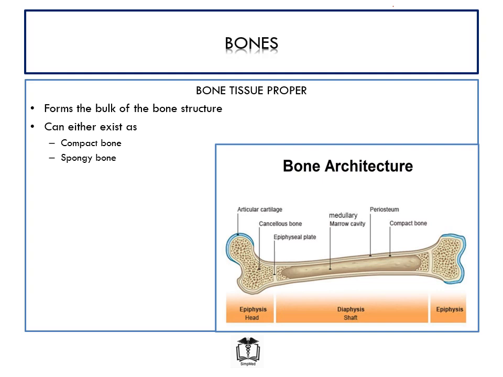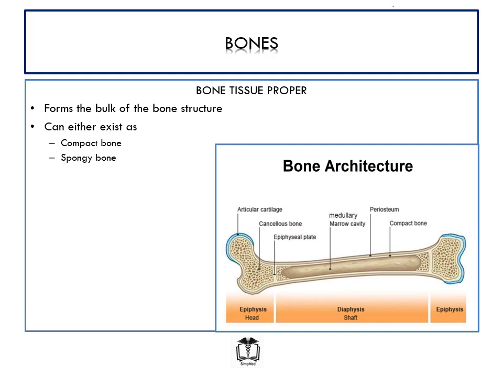So it's not a solid structure. Just think about it like a sponge. A sponge has different networks with spaces intertwined between them, and that's how spongy bone tends to be. Spongy, or cancellous, bone is seen in flat bones of the skull. It's seen in bones like the sternum, the ribs, the epiphysis and metaphysis of long bones, and the alveolar bones around the tooth.